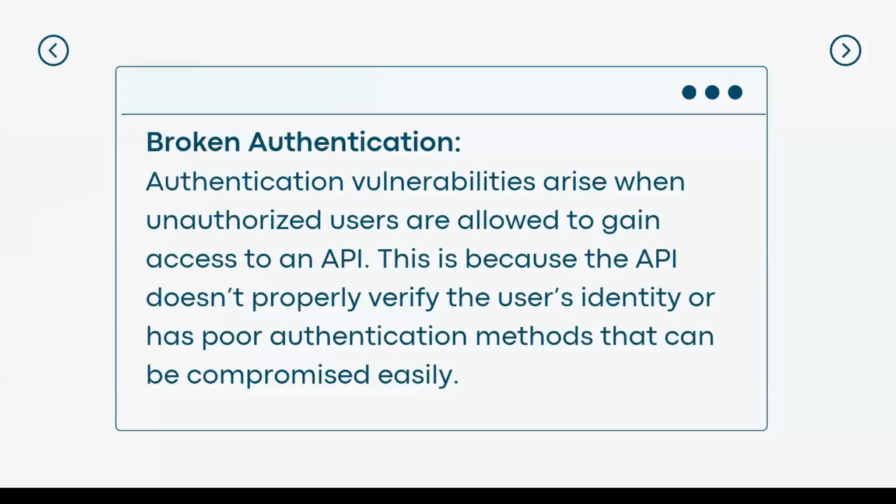One of the main ways that we test for broken authentication is using Burp Suite. Burp Suite is a tool that allows you to test for different web application vulnerabilities, mobile application vulnerabilities, and also API vulnerabilities.